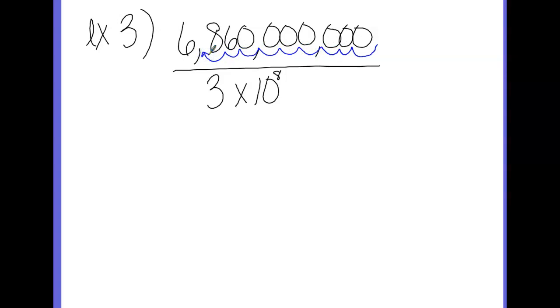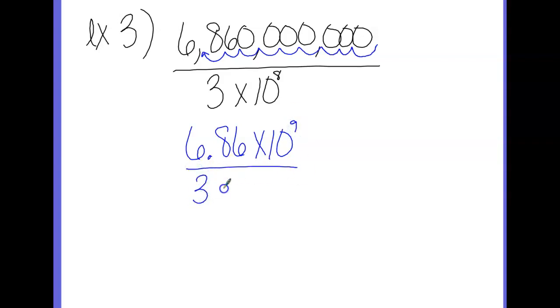Yep. So if I rewrote this really big number as 6.86 times 10 to the negative 9 or positive 9? Positive 9, because it's a really big number. Divided by 3 times 10 to the 8th.